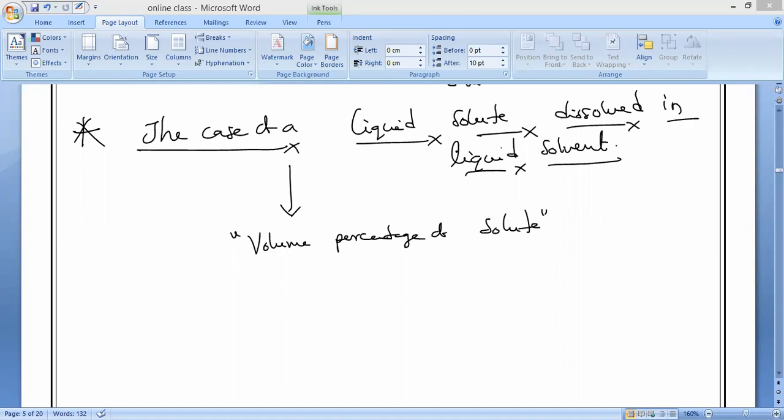If you want to understand this volume based percentage, let us take an example. For example, a 20% solution of alcohol. Do you all know alcohol, Mr. Omar?